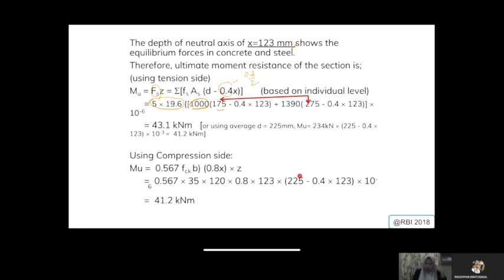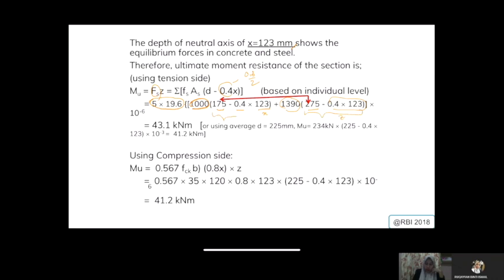Okay, and here you have 175 minus 0.4 times 123. This is because your x is equal to 123. And you take your force for the second layer, the bottom layer, which is 1390, and you have your d for the second layer, and you multiply with your 0.4x.